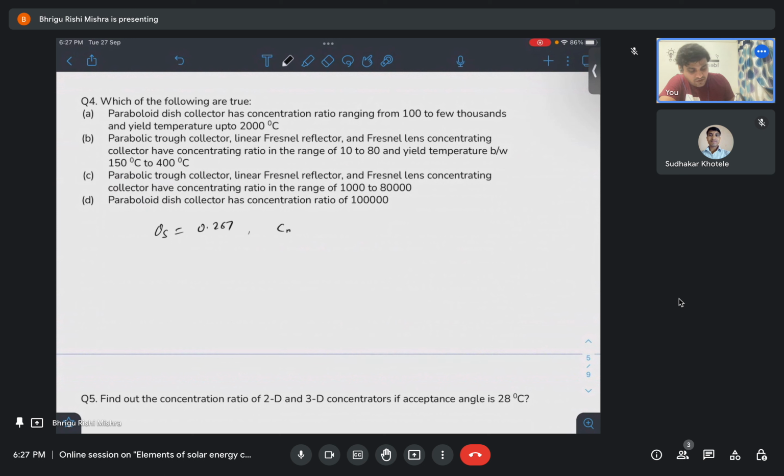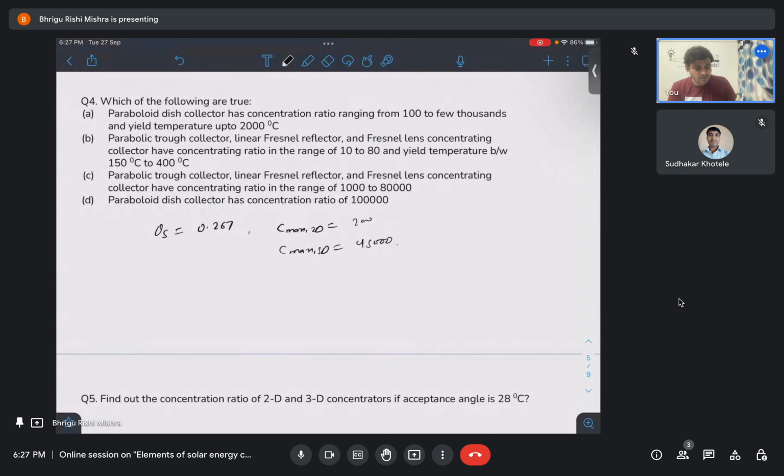For 2D this value is around 200 something, okay, and C max 3D is 45,000.